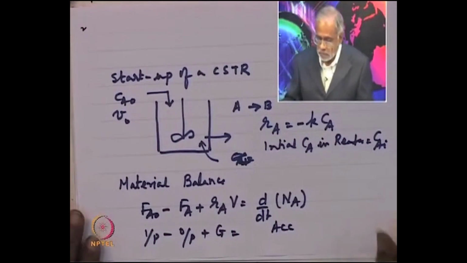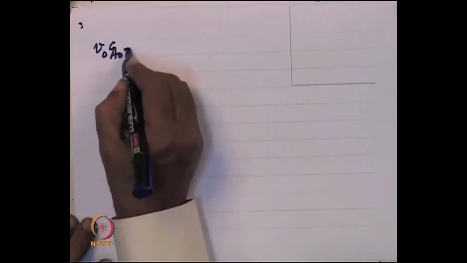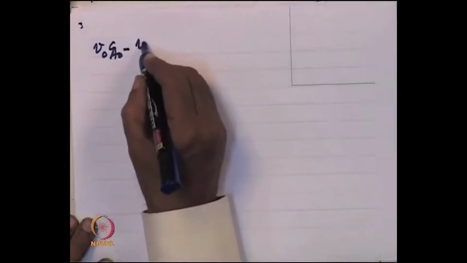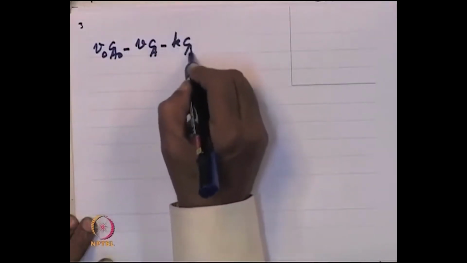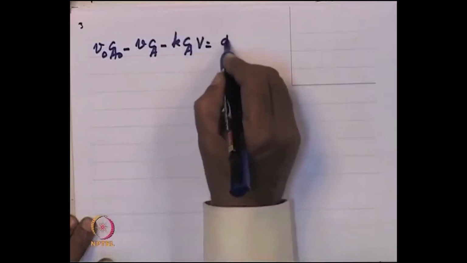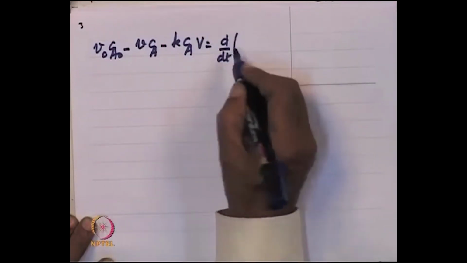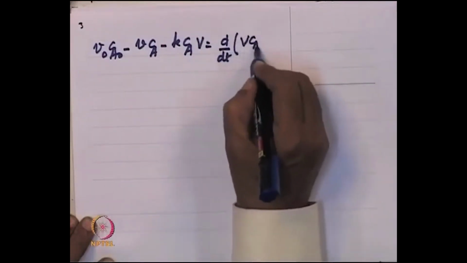Let us see what we can do with this. I will write this as V naught C A naught, that is input, minus V C A, that is output, minus our reaction k times C A, equal to d by dt of N A, which is V times C A.